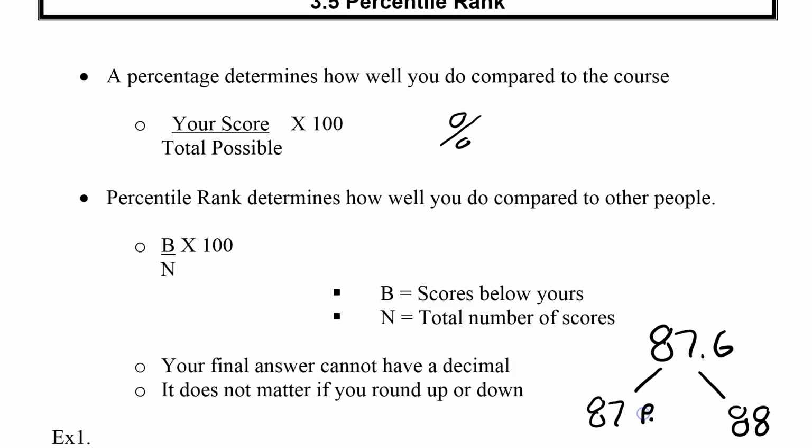We can go PR, percentile rank. You could put P for percentile rank. Both would be accepted. Myself, I like the PR, P for percentile, R for rank. What I'm looking for here in percentile rank is no decimals, and I'm looking for a unit of PR.